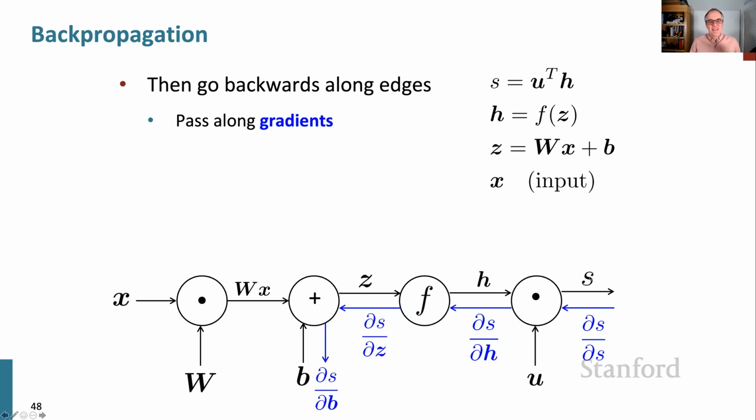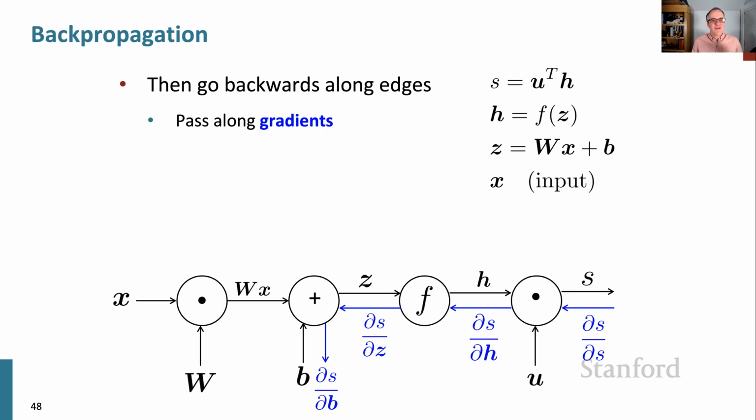We start off with ds/ds, which is just 1, and then we run our backpropagation, using the same kind of composition of Jacobians. So we have ds/dh here and ds/dz, and we progressively pass back those gradients. We just need to work out how to efficiently and cleanly do this in a computational system.